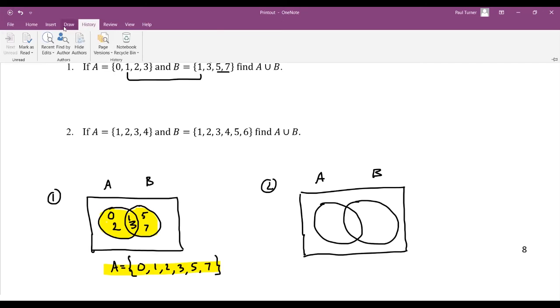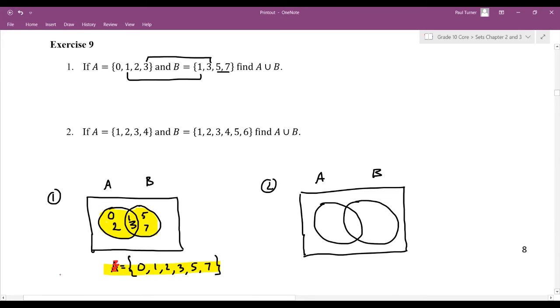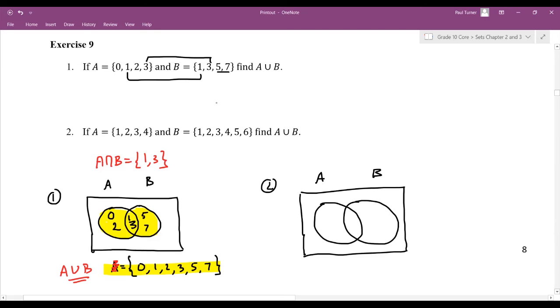I wrote A. So that should be A union B, rather. A intersection B is only 1 and 3. They're the numbers in the middle. Sorry if I'm a bit slow for some of you, but we'll take it slow because it's better you understand now and then try to work it out later.